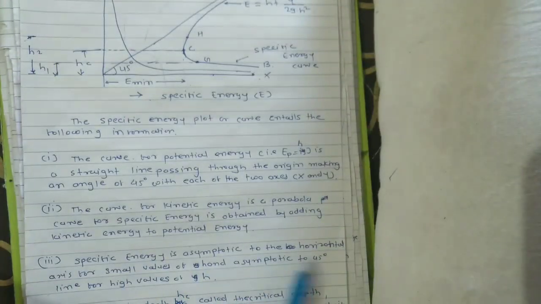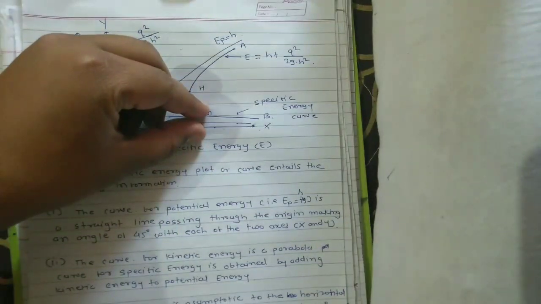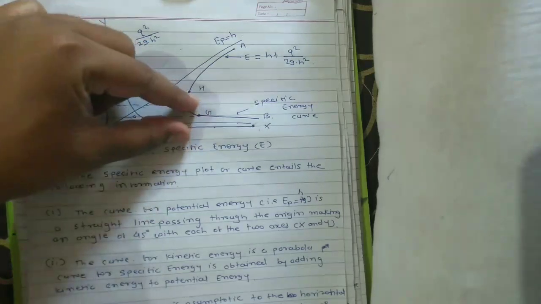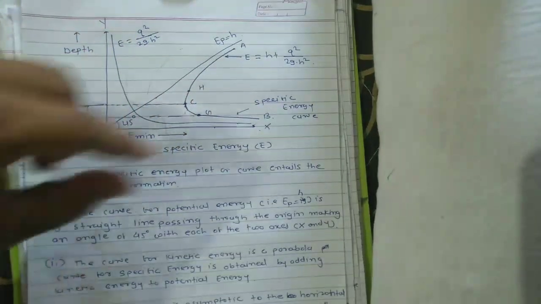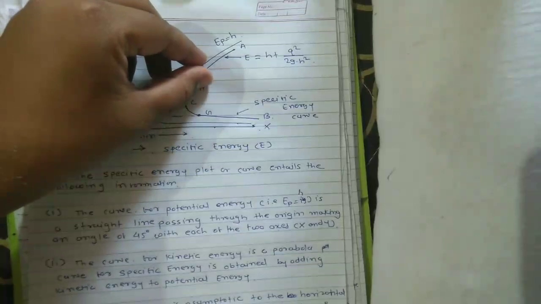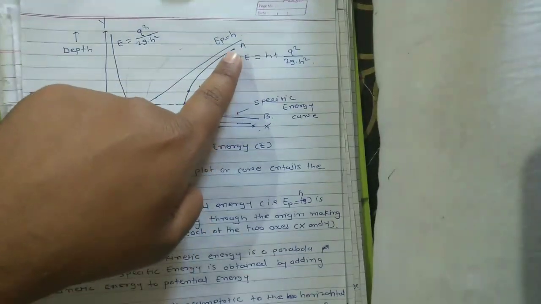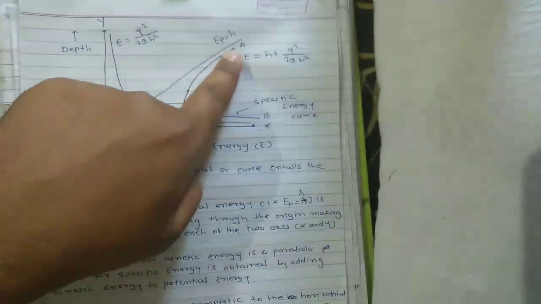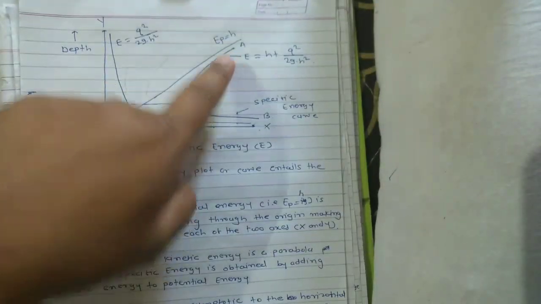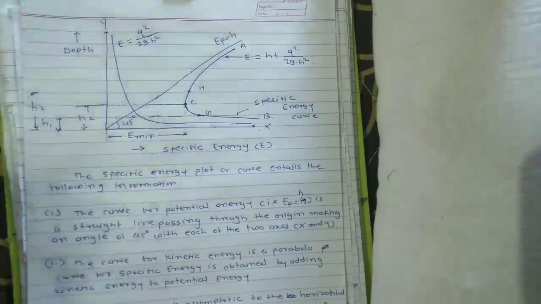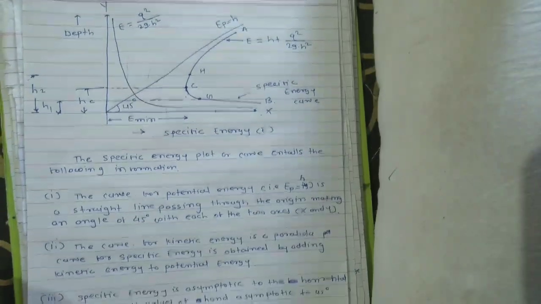Therefore the specific energy is asymptotic to the horizontal axis for small values of h, where h, the depth of the flow, is very small. Where it is asymptotic to the 45-degree line, the potential energy line, the depth of the flow is high.